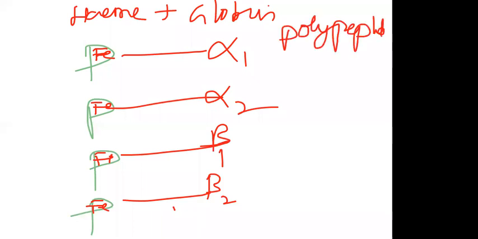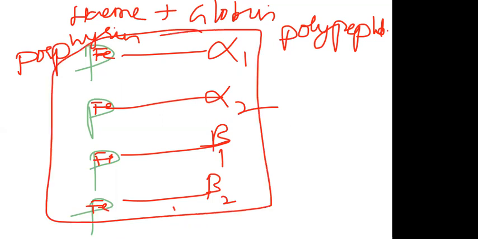These are polypeptide chains. These are porphyrin rings. That makes one hemoglobin molecule. So you need to understand that one hemoglobin can carry 4 oxygen molecules. We will learn that further later. That is a specialty of this particular molecule.